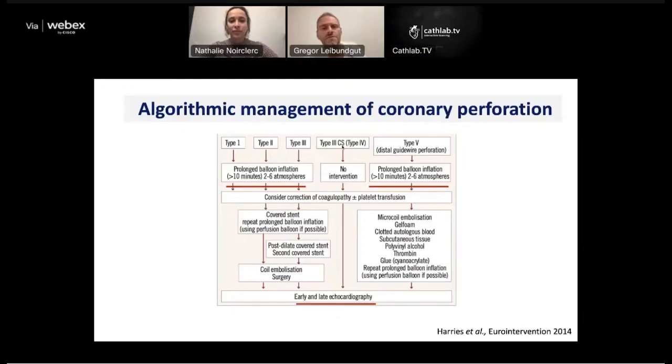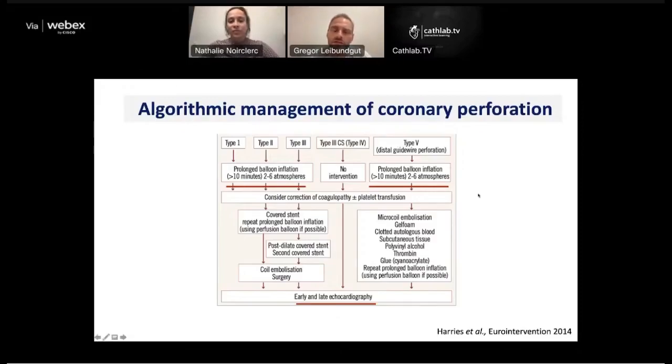We just published 3 cases, I think a month ago, with 3 type 4 or type 3 CS perforations in each of those cavities, and we left them as they were, and the patients came back 3 months later, and this fistula closed spontaneously. So it's really interesting. I was sure it would stay open, but it closed spontaneously, and there's no action to be taken on these perforations.